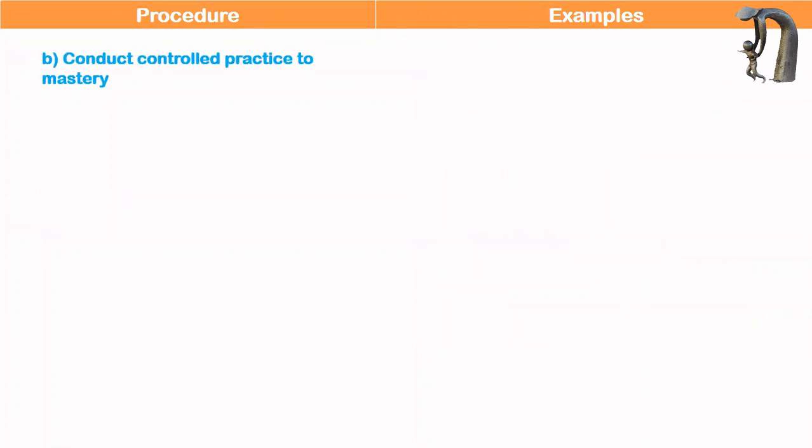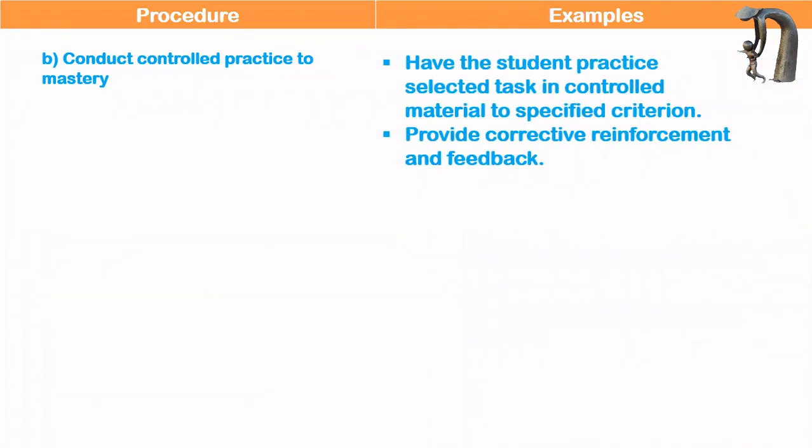Now, in the first stage, you have seen conduct guided practice. That means the child requires guidance, whereas here, the child must control the material which he has learned. So the student practices selected activities or objectives in controlled material to a specified criterion. As I said in your educational intervention criteria, when you prepare your IP, you say, I want my child to develop 100%.